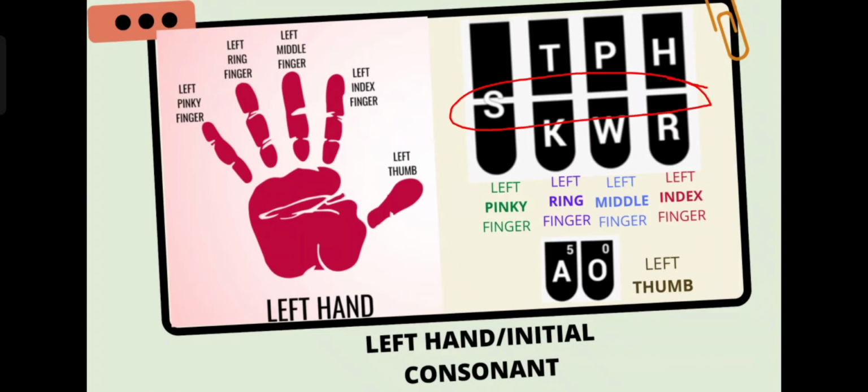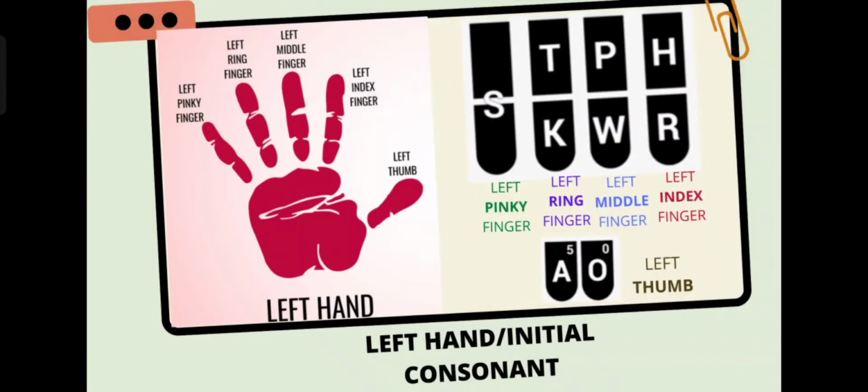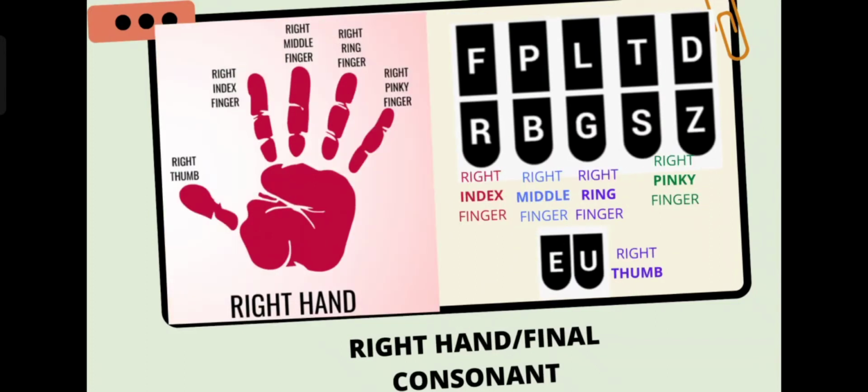And then your left thumb, you have to rest it on A and O. So, that's it for the left hand initial consonants.